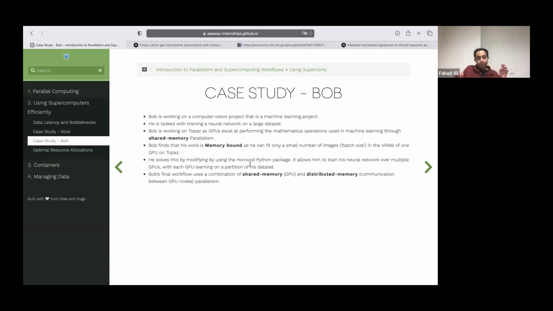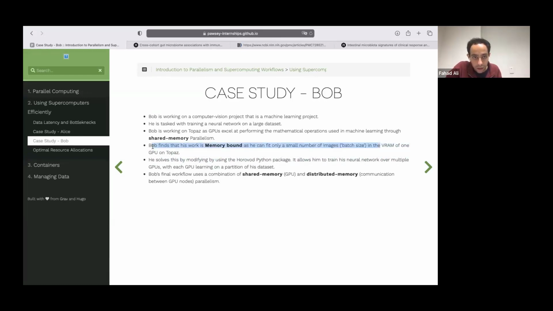So what we've got here is a situation in which we have a limitation in the VRAM of a single GPU. But what we can do is use multiple GPUs, and we now have a combination of shared memory parallelization and distributed memory parallelization. The reason for that is we have shared memory parallelization where we have multiple threads working on the VRAM of a single GPU.